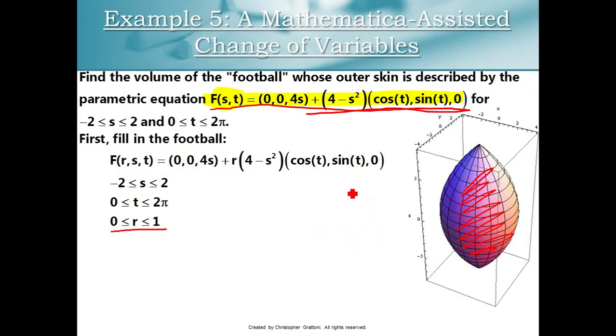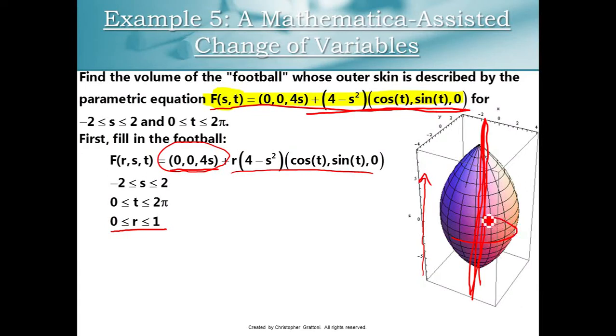The way that I kind of thought about this, 0, 0, 4s, that's kind of like the central spine of this football. So I imagine that just kind of carrying me upwards on this football shape. And then this latter part, those are just kind of concentric circles. And so I imagined that the central spine of the curve, 0, 0, 4s, was carrying circles up through this shape.